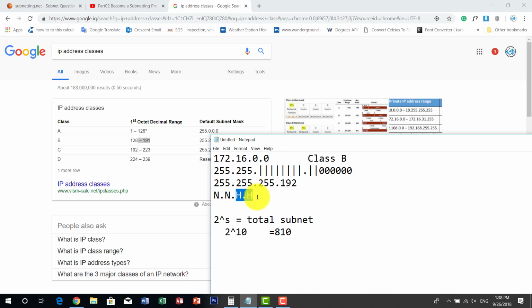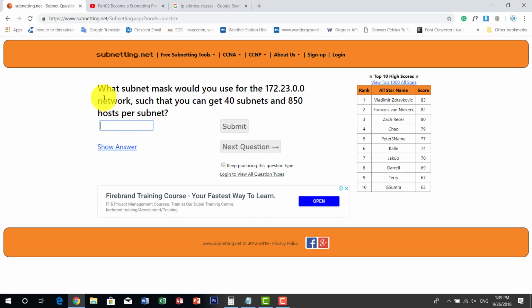Through this you can easily find the subnet mask. In class C, the first 3 parts will be static. You can straight away write 255.255.255, and all your work will be on the last part, and you can find the subnet from the given number.